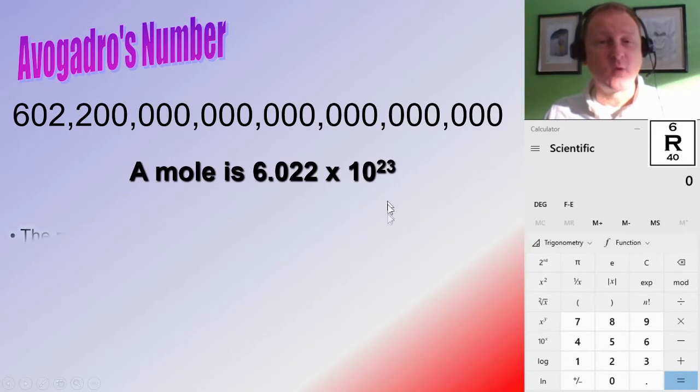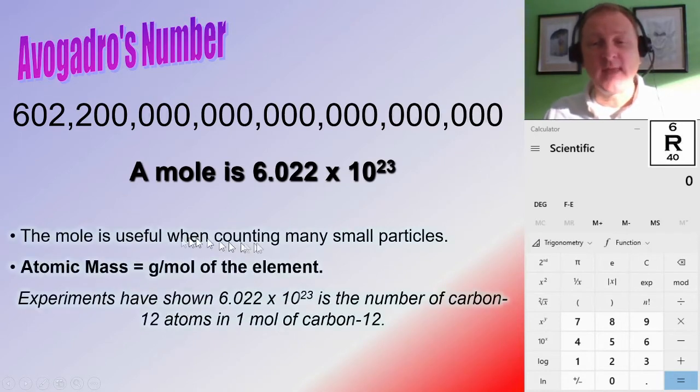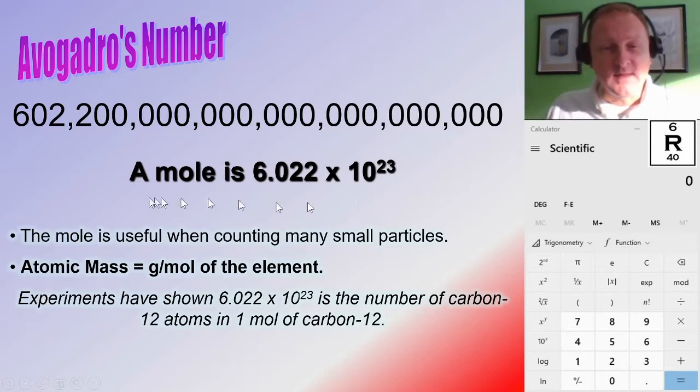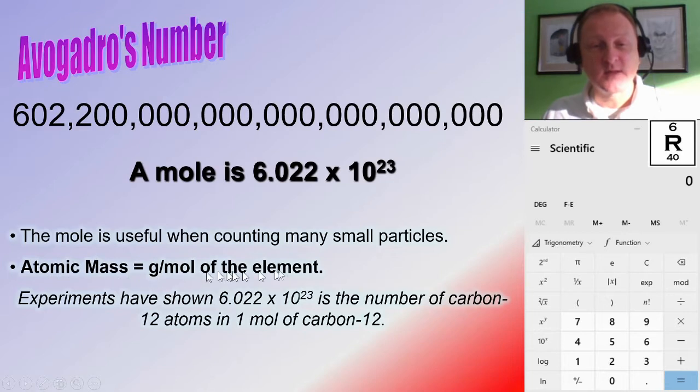So what is a mole used for? Well, it's useful when counting many small particles, or when you're dealing with the balance in my bank account. Oh, yeah, I wish. So this number is based off of the atomic mass on the periodic table. The atomic mass is measured in grams per mole.